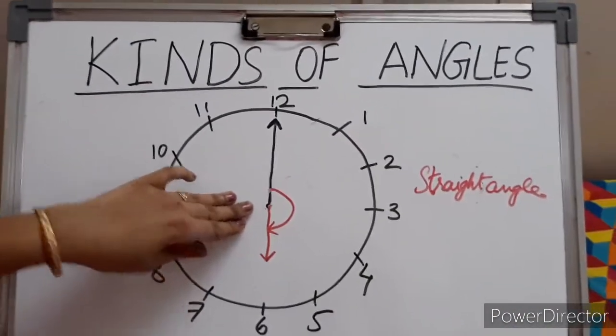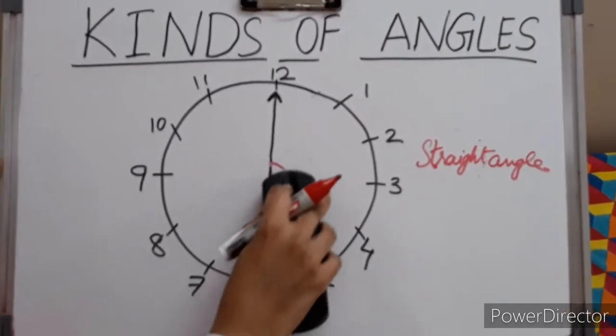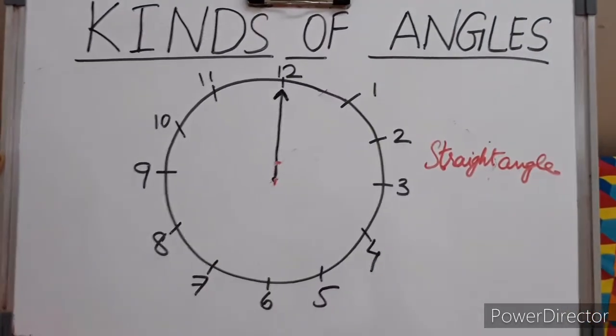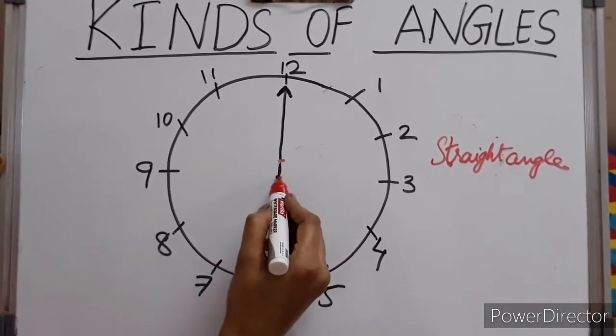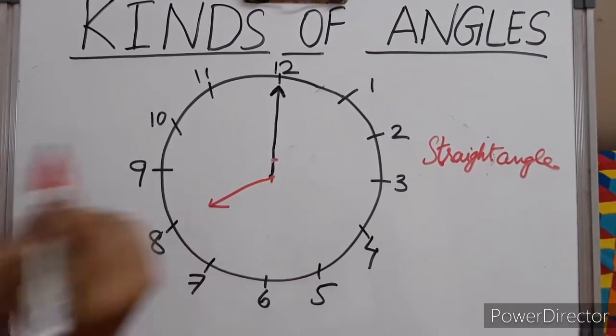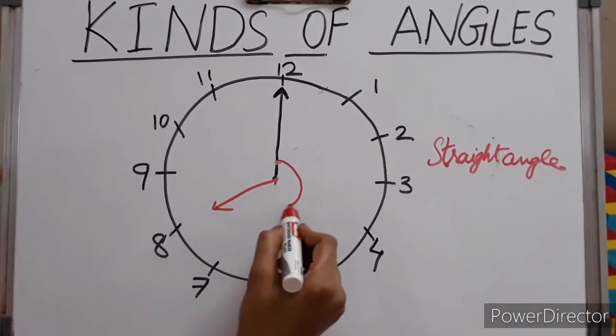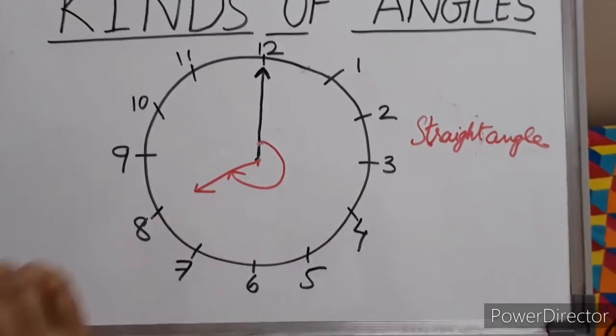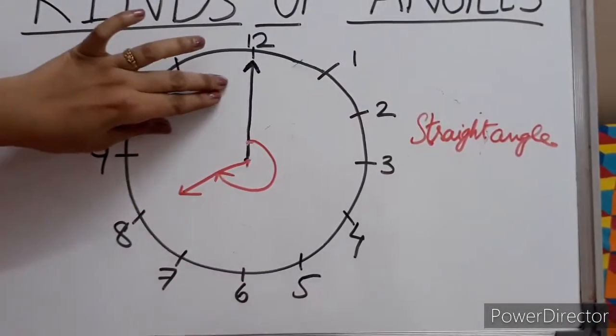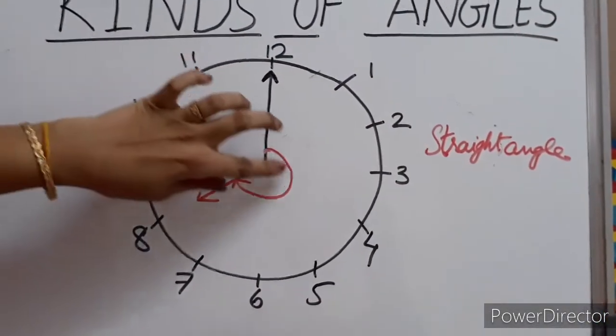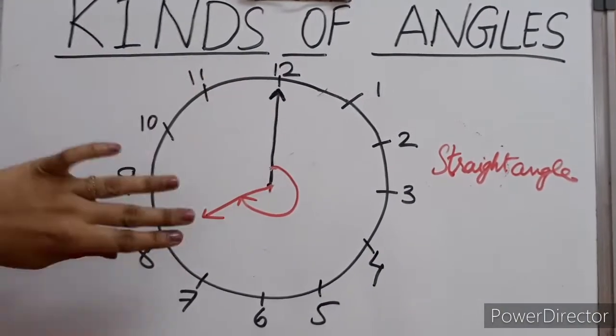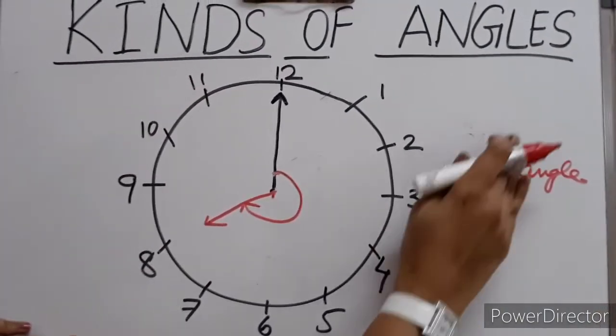Okay. Now again, if this hour hand moves to 8 o'clock, now the angle formed will be what? More than 180 degree but less than 360 degree. This is not one complete rotation. So the angle formed here is what?